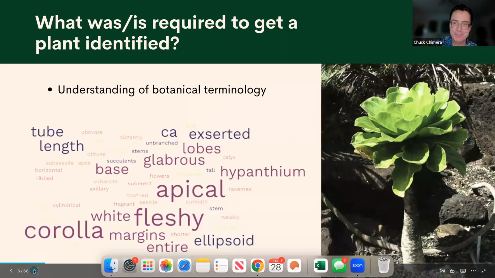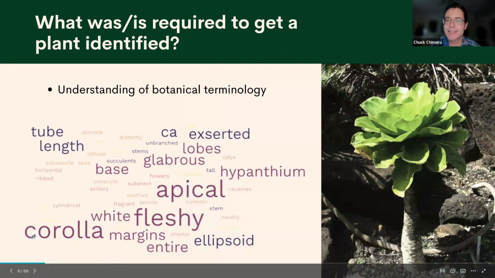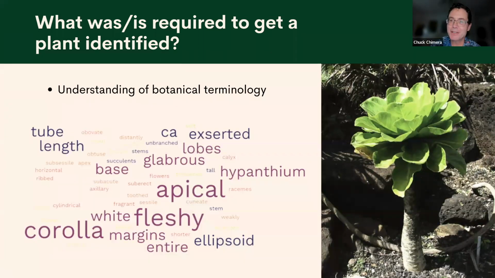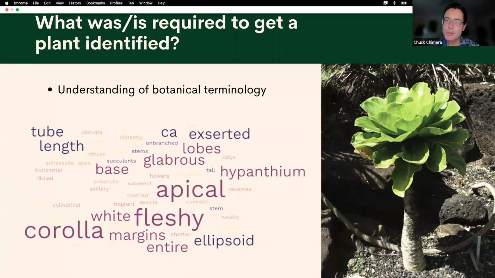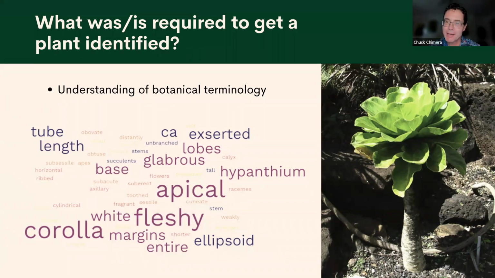So what else has been necessary to identify a plant in the old school method? Well, an understanding of botanical terminology certainly helps. Pictured here in this word cloud are some terms from the botanical key for only two of our native species of Brighamia, pictured here, known as Alula in Hawaiian, or cabbage on a stick.